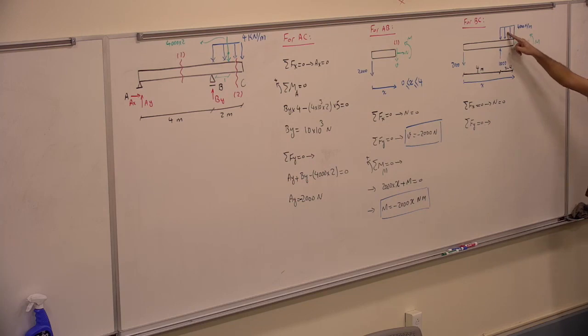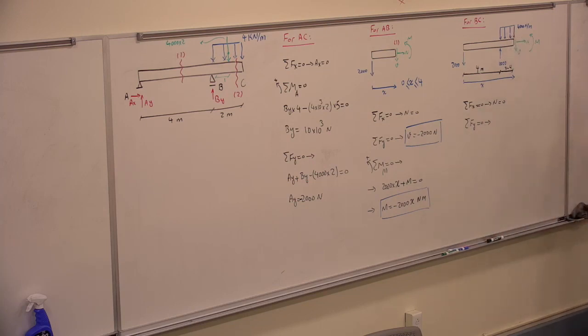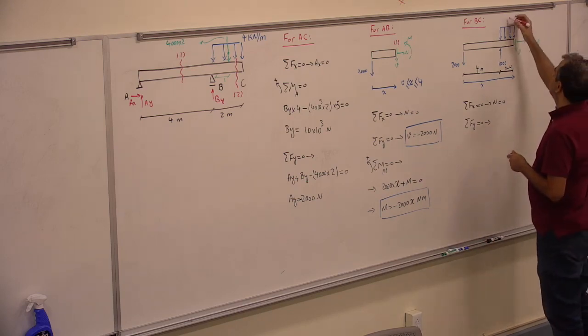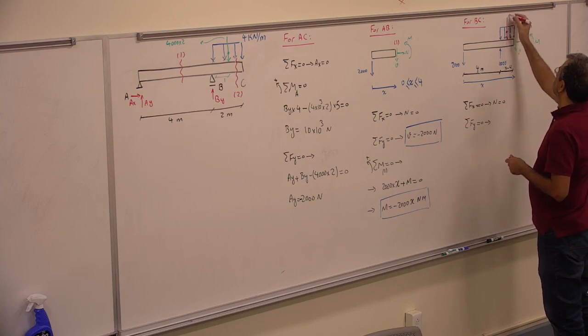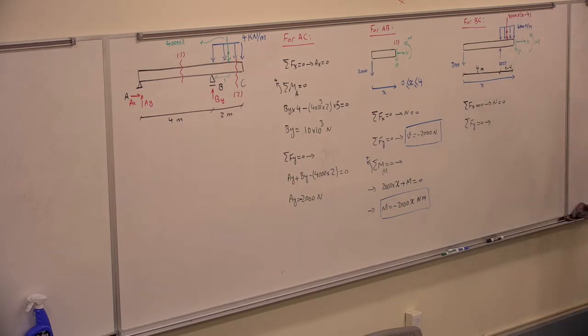So how much would the value for that force be now? 4,000 times x minus 4. Yeah. So it's going to be 4,000 times x minus 4. That's the value of that.